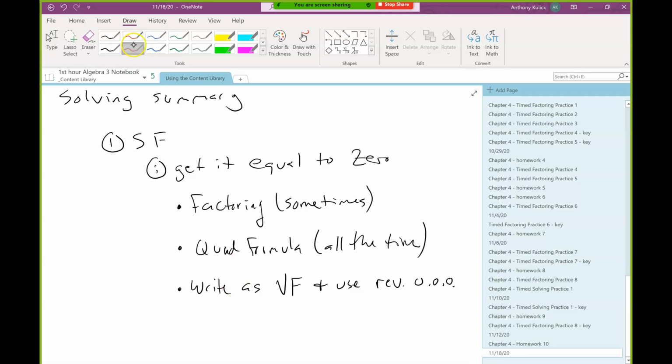So an example of a situation where it's going to be easy to do that would be something like x squared plus 5. When there's just x squareds and there's no x term, you can think of that as standard form, or you could think of that as vertex form, and you could use the reverse order of operations on that. And that's probably the easiest way to attack a problem that looks like that.